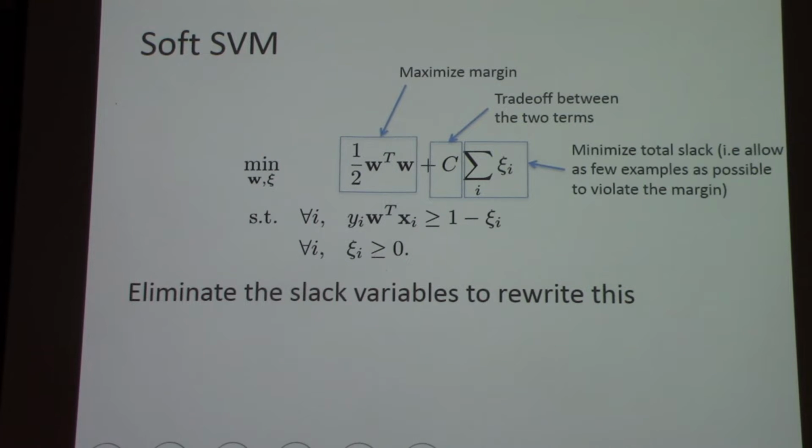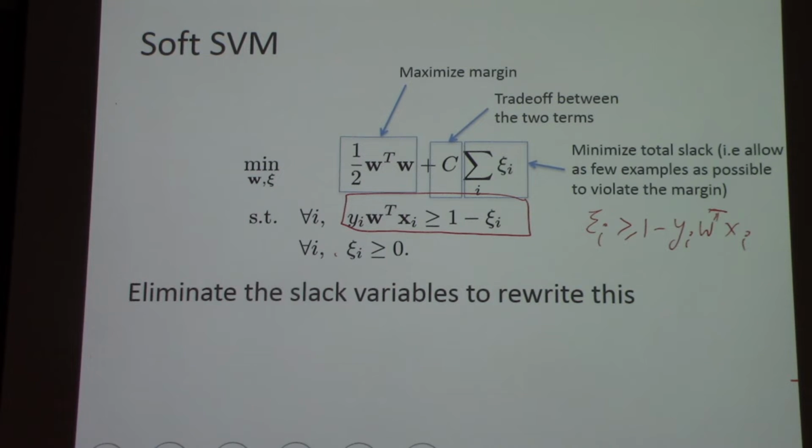Notice that from these two equations, in particular let's take a look at this one, this simply says the slack variable should be greater than 1 minus y w transpose x. I've done nothing, I've just moved that around.